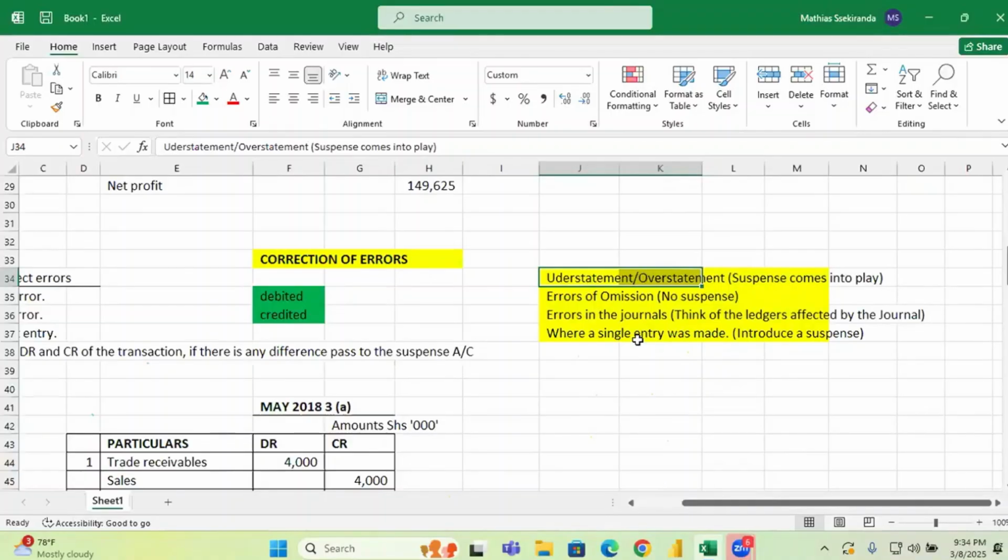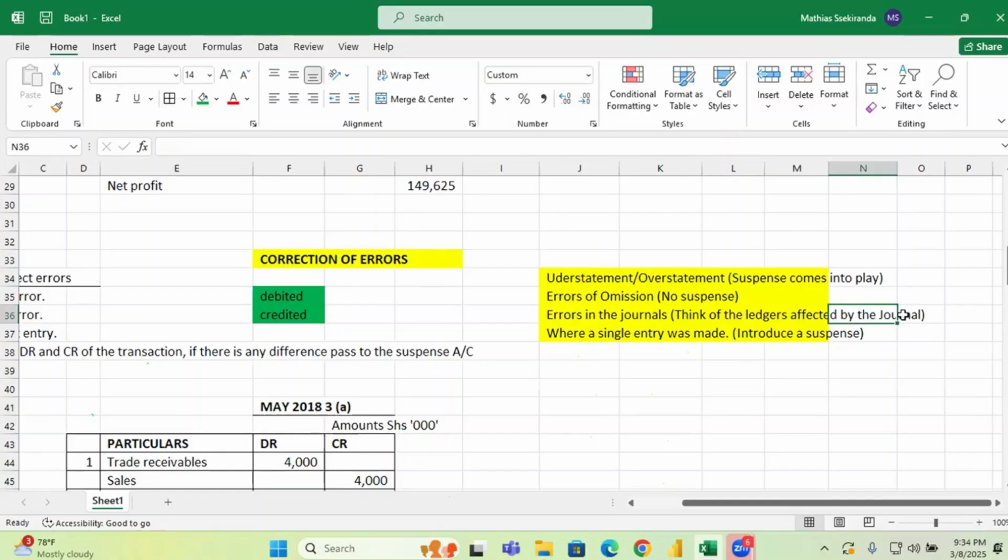No, but I think I wrote these things here. We have done notes on journals, 2 notes, and I was very clear, even I wrote it, that errors in the journals, think of the ledgers affected by the journal. Otherwise, if they were affecting suspense, I would have put suspense there. In the journals, even if it is understatement or overstatement, as long as it is a journal, don't think of suspense, but think of the ledgers that are affected by the journals.